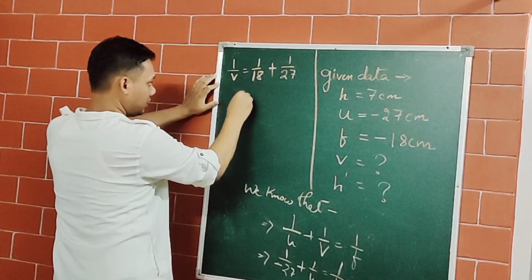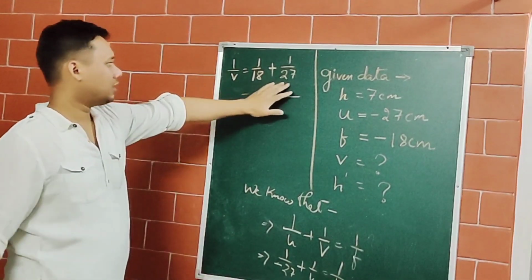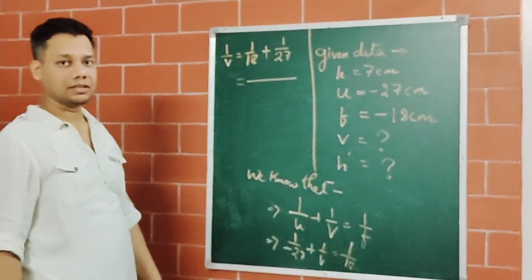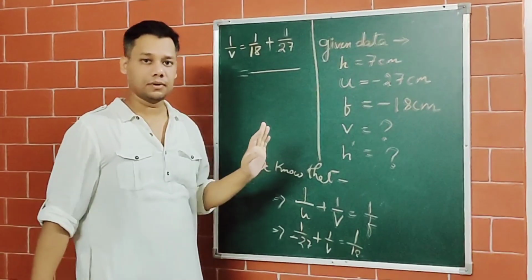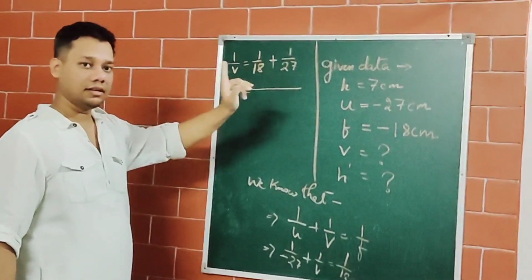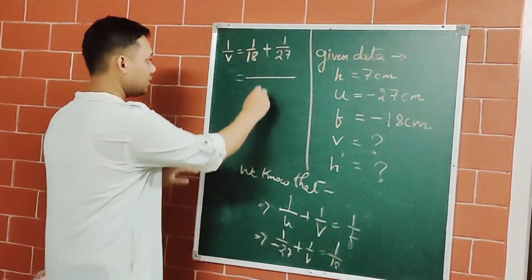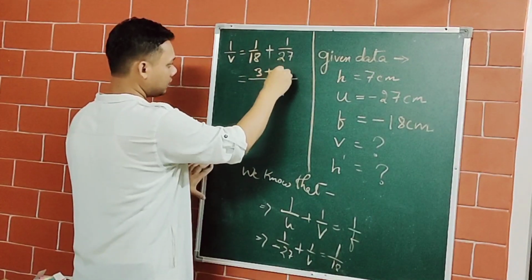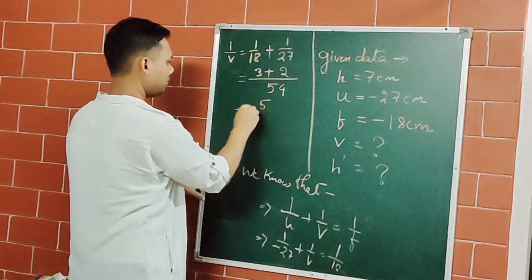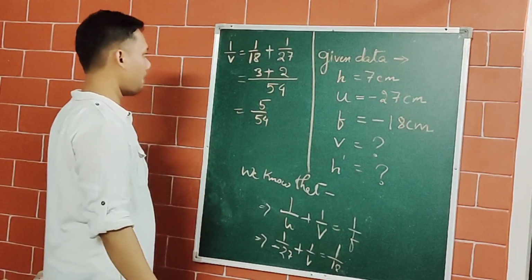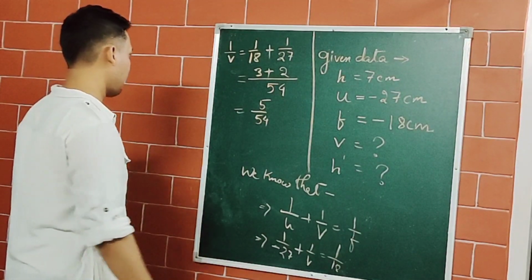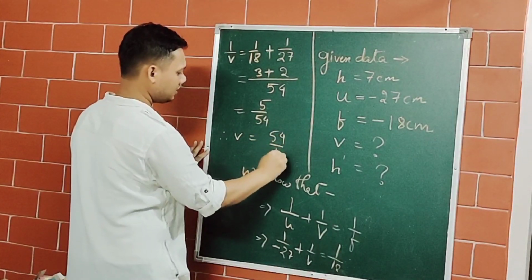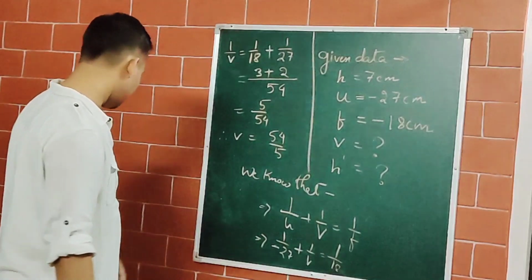LCM: 27 is the bigger number, 18 cannot directly divide 27, so let us double 27: 27 2s are 54, and 18 3s are 54, so 54 will be the LCM. 5 by 54, therefore v is equal to 54 by 5.